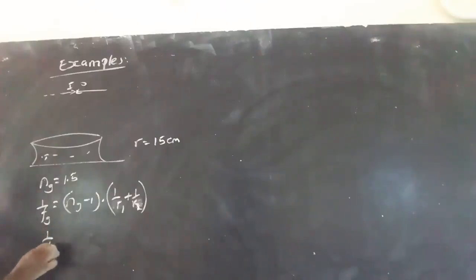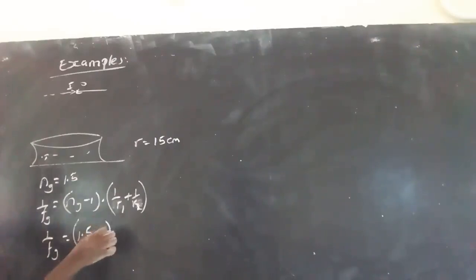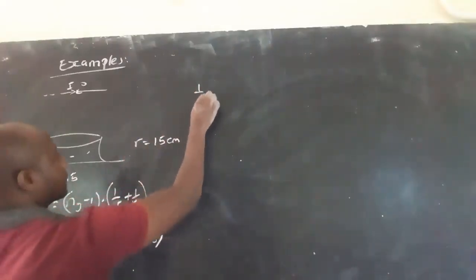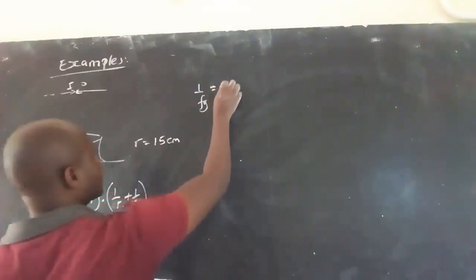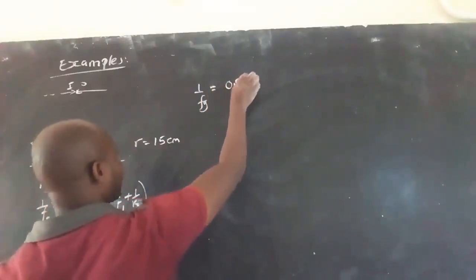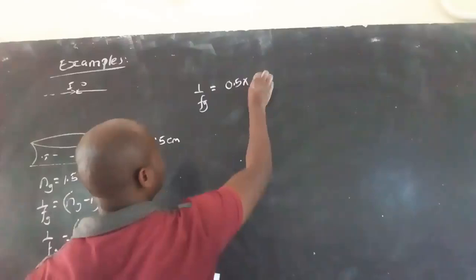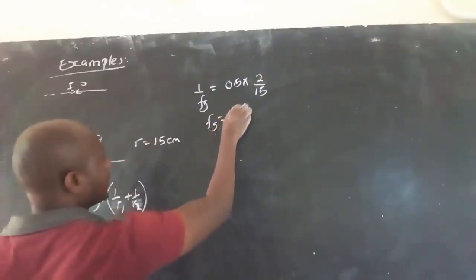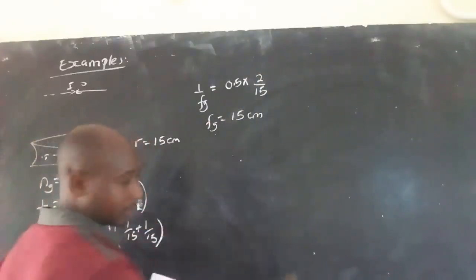So 1 over FG will become (1.5 minus 1) times (1 over 15 plus 1 over 15). This is 0.5 times 2 over 15. So our FG will become 15 centimeters.